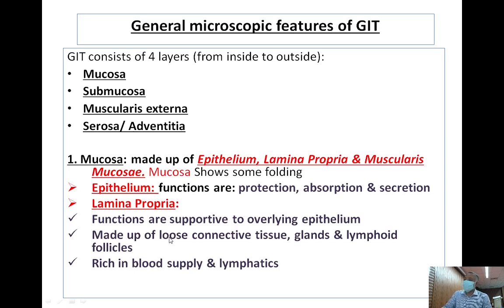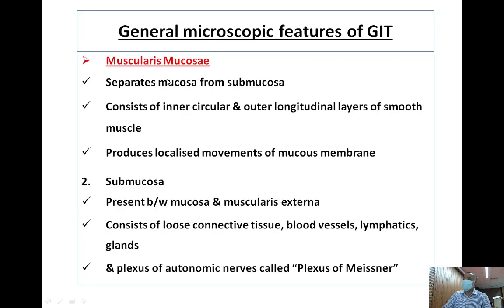It is made up of loose connective tissue everywhere, but in some parts of the GIT it also has glands, and in some parts lymphoid follicles. It is rich in blood supply and lymphatics. Clear?